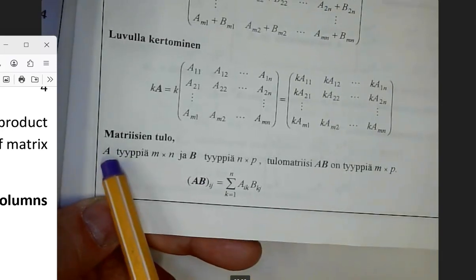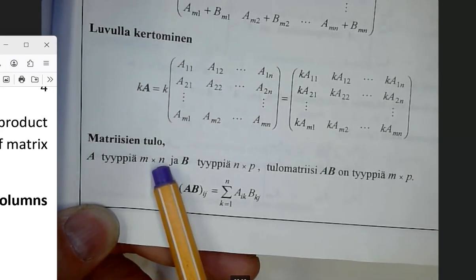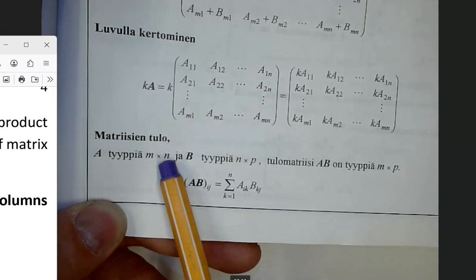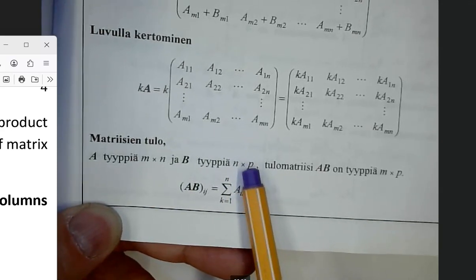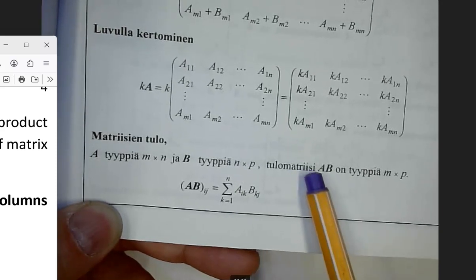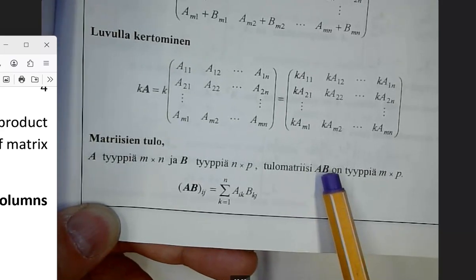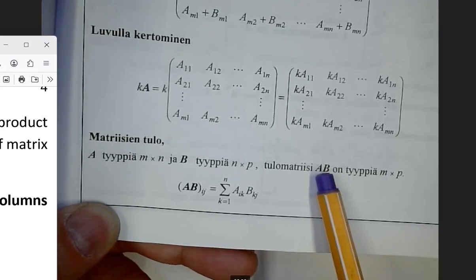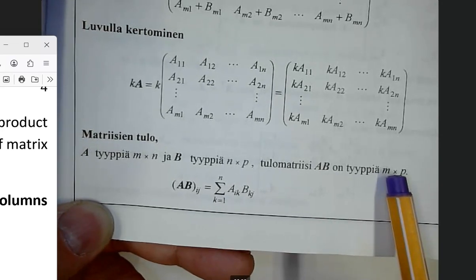Well, this tells us that A is of type m by n, and B is of type n by b. So the product matrix, the matrix which we get by multiplying A and B, is of type m by b.